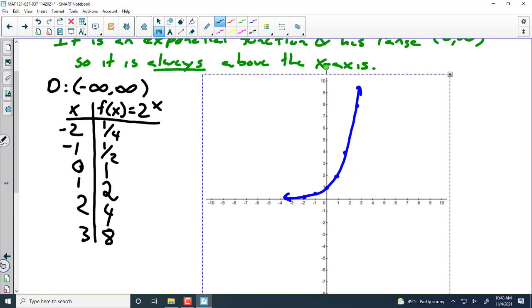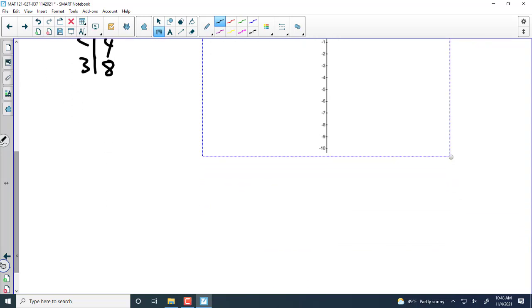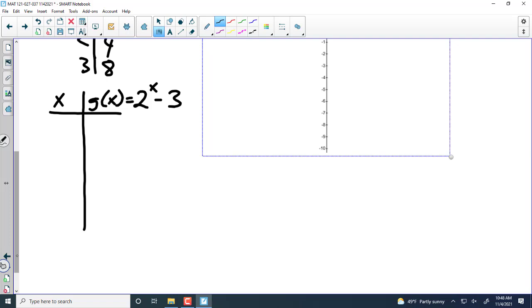The reason I bring this up, everyone, is because this is something I actually brought up a while ago, this graph. And I think I brought it up back when we were first doing section 4.2. And one of the things I did with this graph was I shifted it down 3 units.